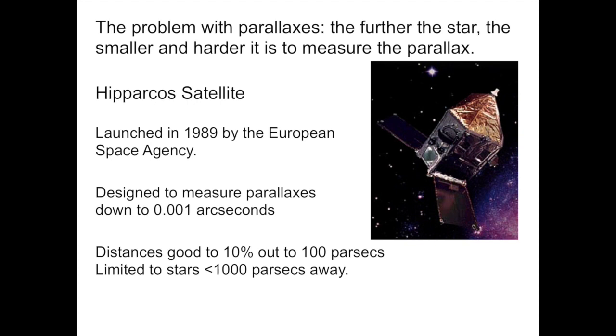But the limit is about 1,000 parsecs. If you measure a parallax of 1/1000th of an arcsecond, 1 over 1/1000th is 1,000 parsecs. However, that's at the limits of the spacecraft. You can get about a 10% distance for about 10 times larger, or 0.01 arcseconds, 1 over 0.01 is 100 parsecs.